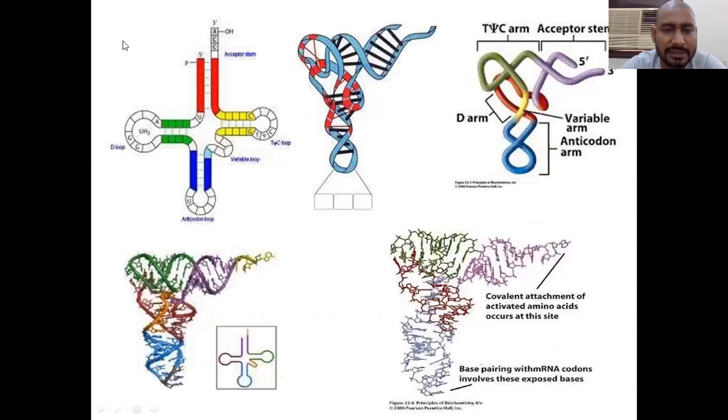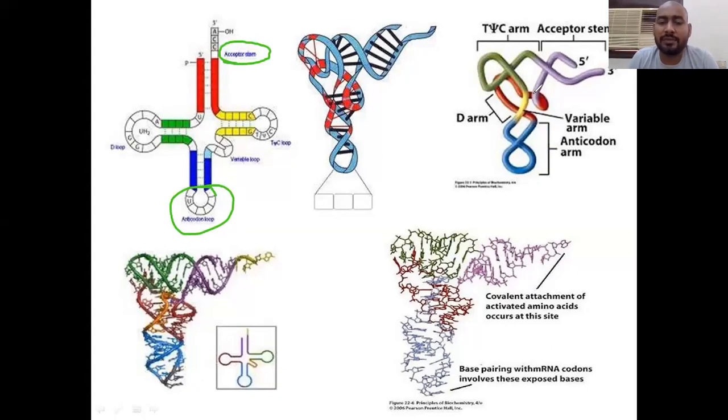Now look at the different structure of the tRNA. Here are given the acceptor arm, the DHU loop, and the anticodon loop. Mostly RNA molecules are single stranded.